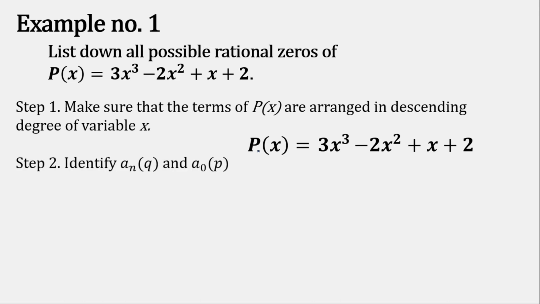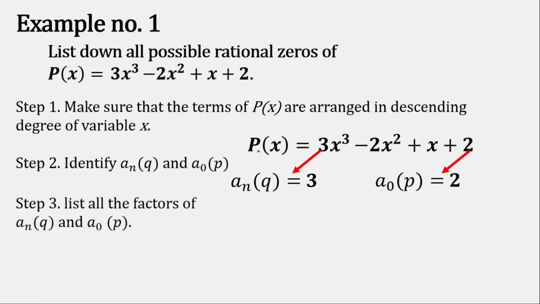Next, let's define our a sub n, or our leading coefficient, and our a sub 0, or our constant term. Again, q is for the leading coefficient and p is for the constant term. In our polynomial, 3 is our leading coefficient and 2 is our constant term.